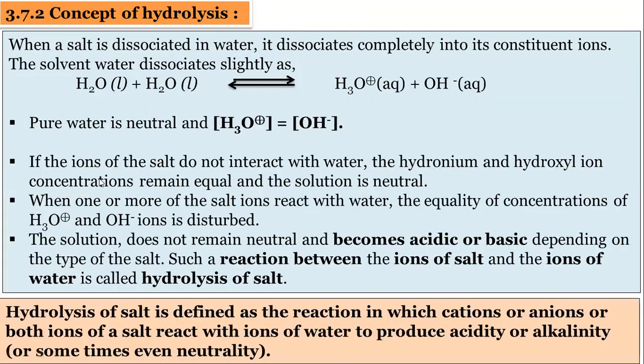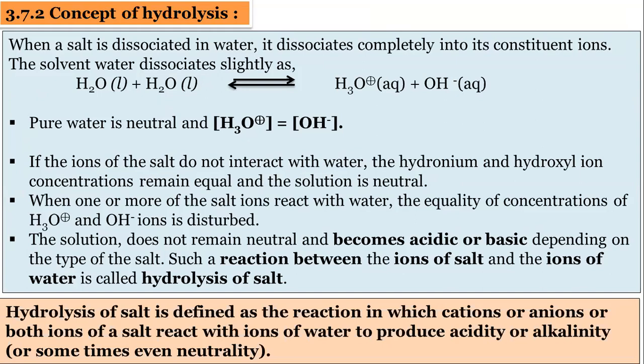Then, if the ions of the salt do not interact with water, meaning the salt is dissolved in water and the anions or cations produced by the salt, these ions may be positively charged or negatively charged, that's why the word ions is used here.